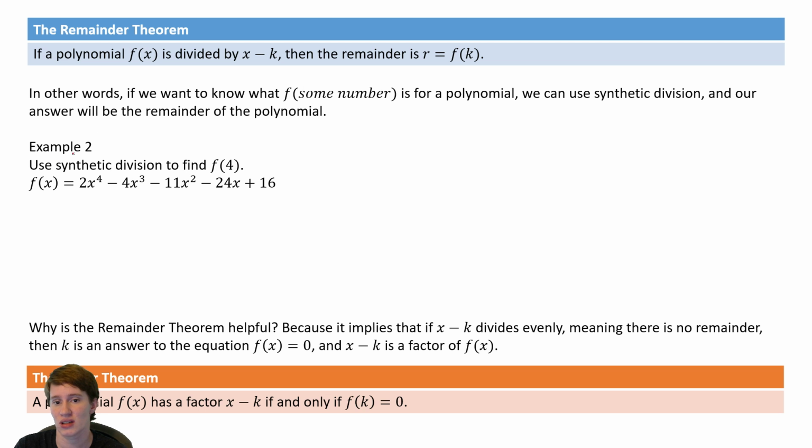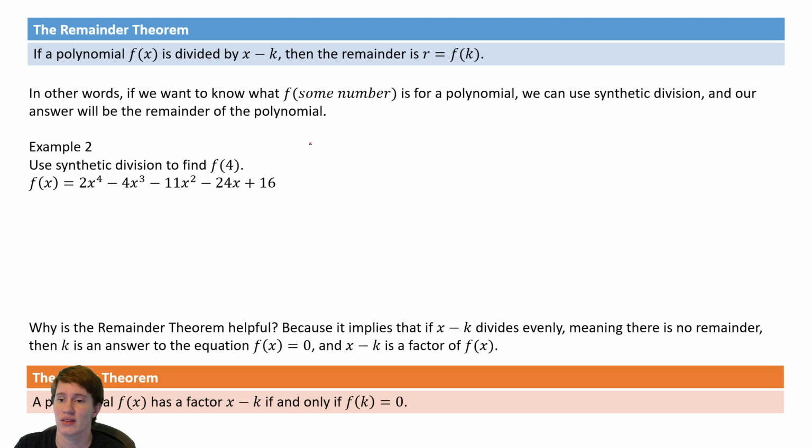So in other words, here I've got this example: use synthetic division to find f of 4. The way we used to do that is we would plug in 4 for all of our x's and do some math, and this would be frustrating to do without a calculator. Not too bad with a calculator, but still kind of annoying to have to type it all out, because we have to do 2 times 4 to the 4th minus 4 times 4 to the 3rd, and so on.